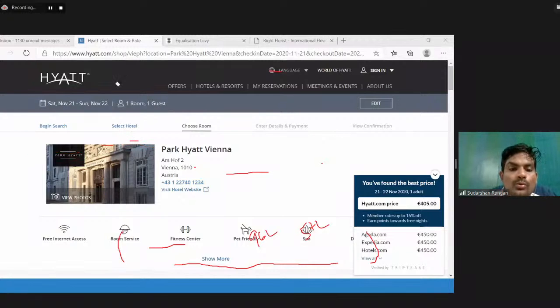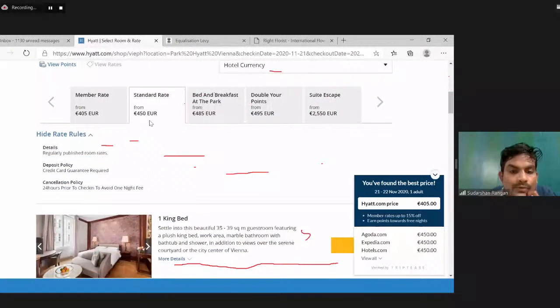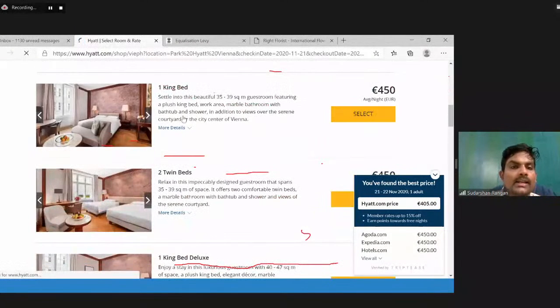So what I can do is, I can book directly. I'm now doing this live. I'm in Chennai. I want to go to Vienna, Austria in January. I want to stay here, Park Hyatt. So I go to the website, hyatt.com. I can book the rooms here. There's a member rate, standard rate, 450 euros.